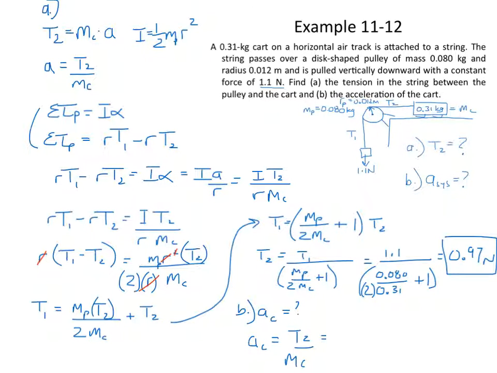That is 0.97, which we just found, divided by 0.31. And that'll give us our acceleration of the cart, which is the acceleration of the system. That equals 3.1 meters per second squared. That's the linear acceleration of the cart, which is that of the system.